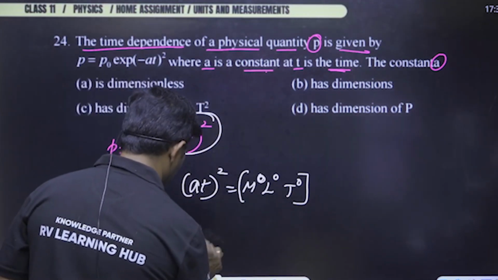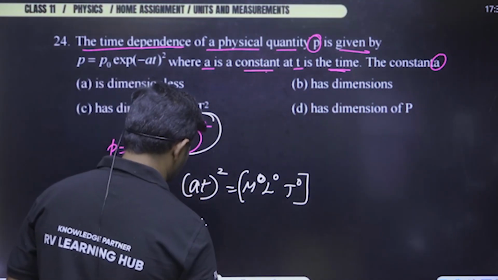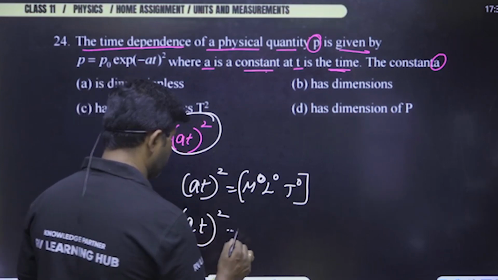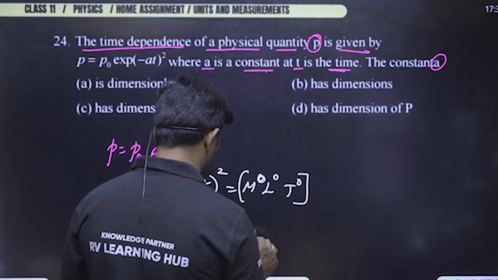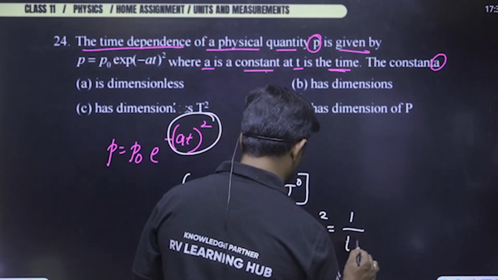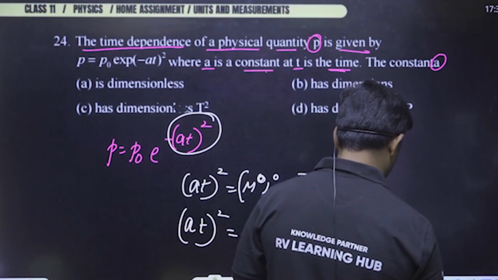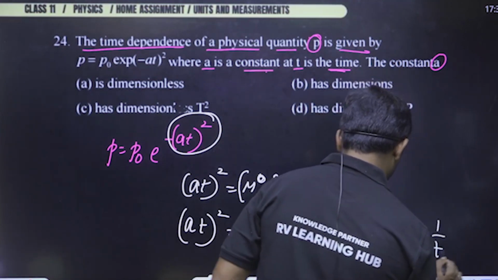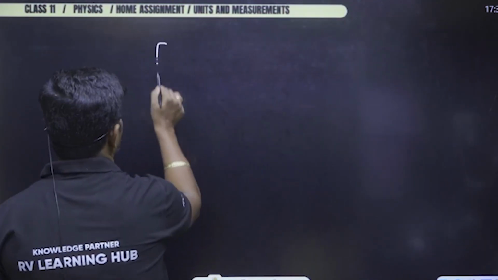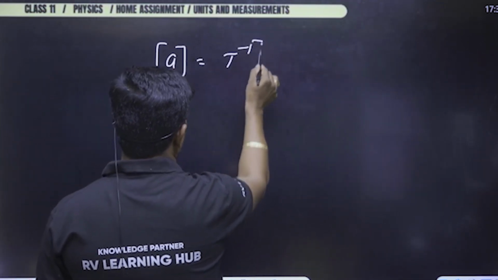See here, A into T whole square will become equal to 1. Therefore A square is equal to 1 by T square. Therefore you will get A is equal to 1 by T. Therefore we can say dimensions of A becomes equal to T to the power of minus 1.